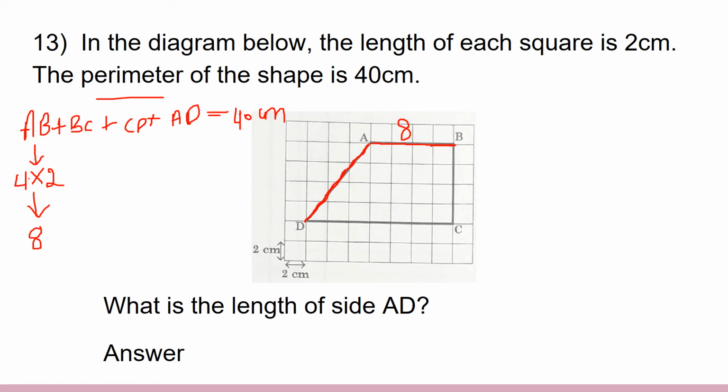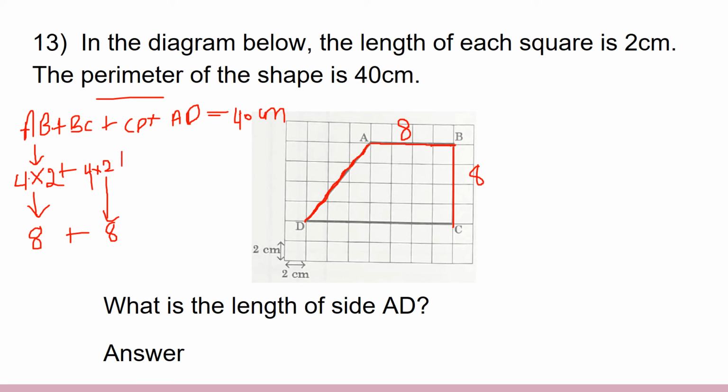BC plus BC, it's going to be, let's count, we have 1, 2, 3, 4. So it's going to be 4 by 2 as well, which is going to give me the length of BC to also be 8.